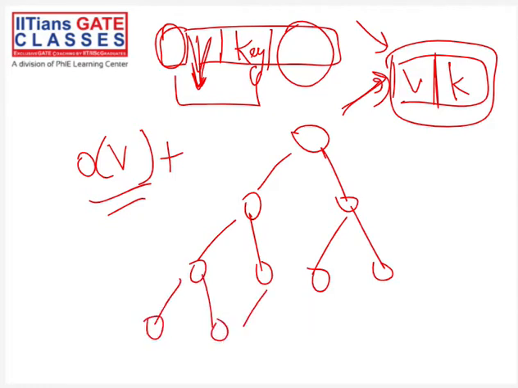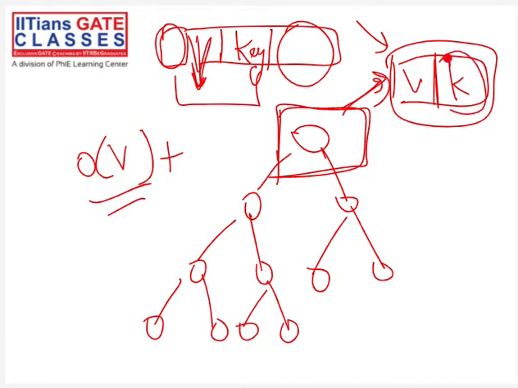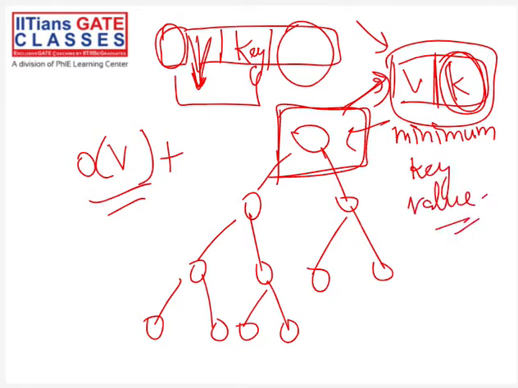Now this min heap, this will be the source, correct? Because you'll basically sort the min heap based on the value, correct? So this will have the minimum key value, and hence you can simply say that this will be the source, correct?